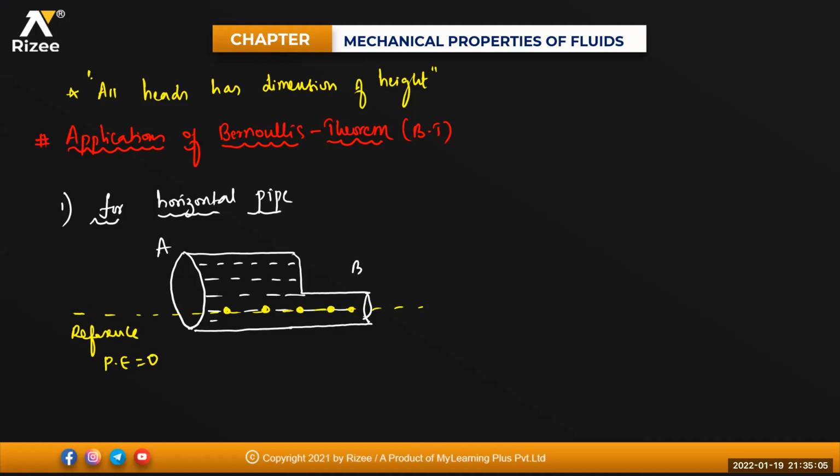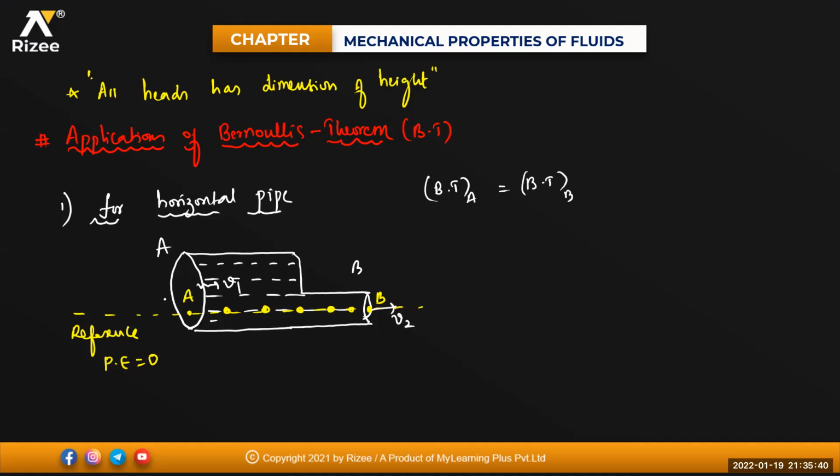Now, if I'm talking about point A and point B, for a horizontal pipe A and B are at the same height, isn't it? As A and B are at the same height, I'm applying Bernoulli's theorem at point A and point B. Bernoulli's theorem at A must be equal to Bernoulli's theorem at B. At point A the liquid is moving with velocity V1, and here it is moving with velocity V2.